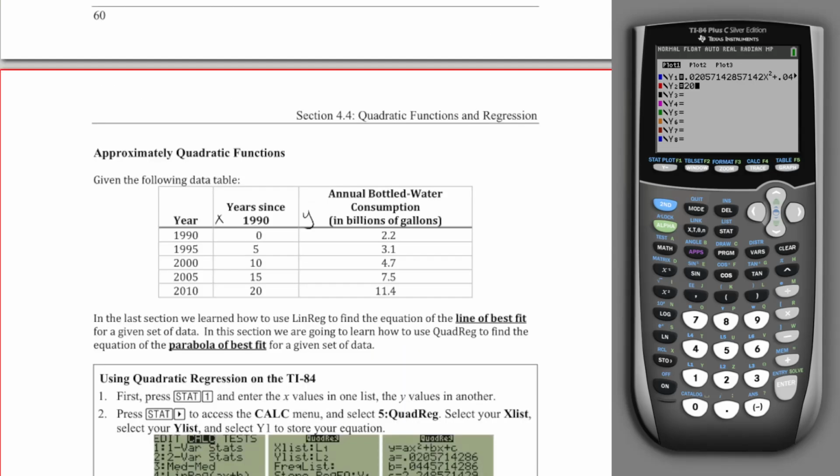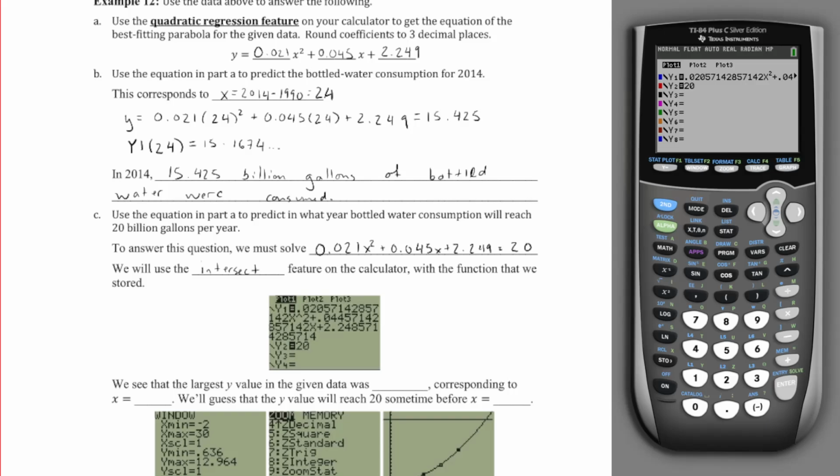The largest y value in our data set was 11.4, corresponding to x equals 20. So we want to go out past x equals 20 for the y value to get up higher. We might guess we'll get there sometime before x equals 30.